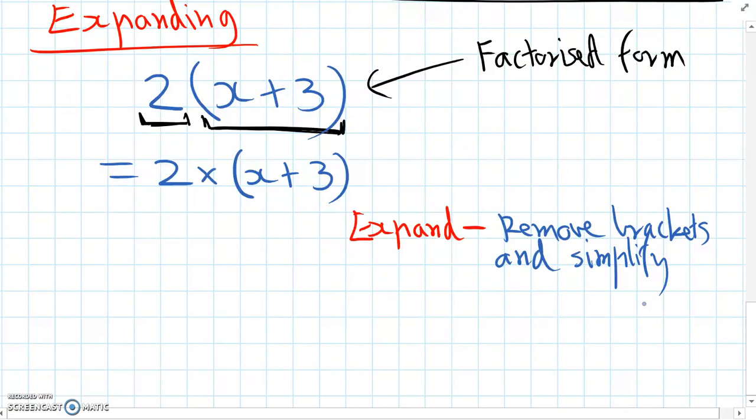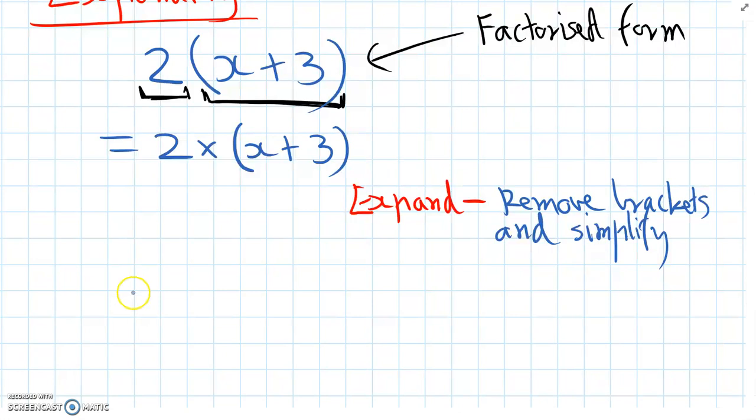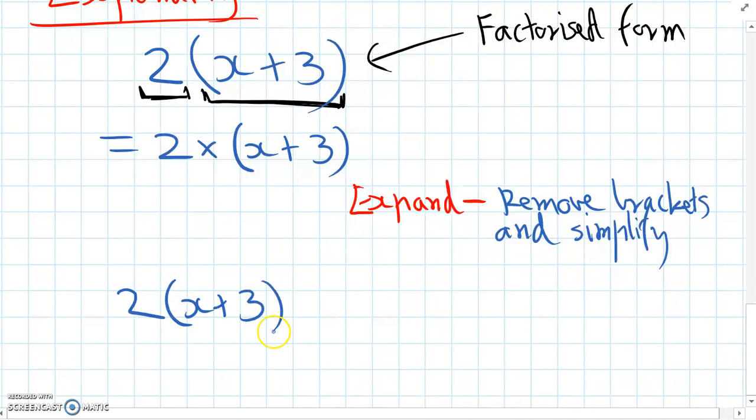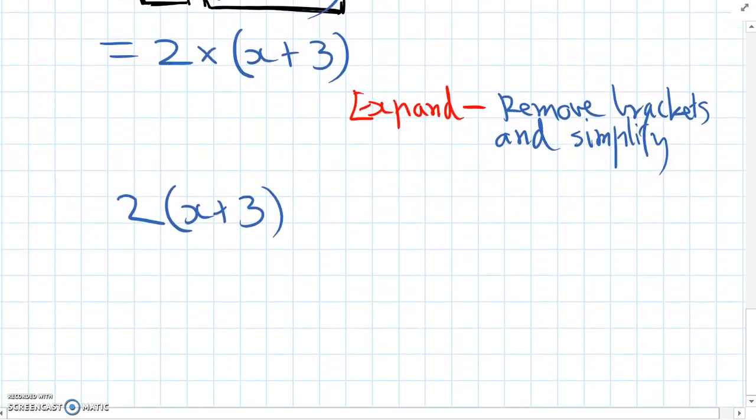But we can't just take away the brackets from an expression. We need to understand what it actually means. So let's look back at our example from before. We have 2 brackets x plus 3. And this is where the cups and the straws is really helpful.